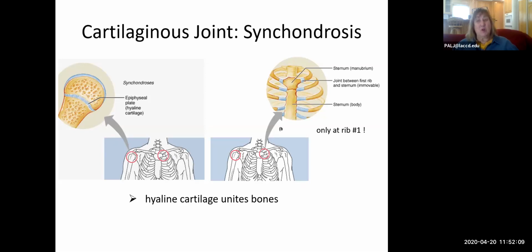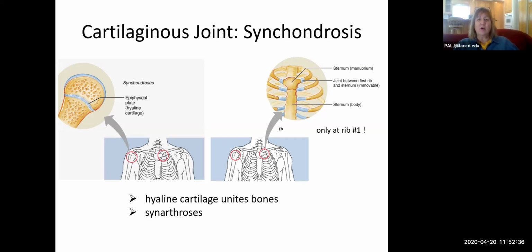Yeah, they're going to have that space. Cartilaginous joints, like fibrous joints, do not have a space between bones. So even though you may not see that space on the drawing, all those other ones have a little tiny space in there. So what kind of movement are you expecting to have in a synchondrotic joint? That's right, it's the synarthrosis.